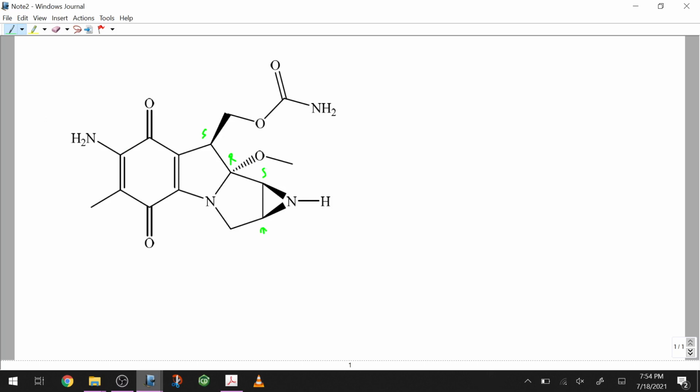Now we've got the last one to deal with. So we now have that carbon has a number 4 hydrogen away from us. It has the aziridine nitrogen up. And it has this carbon, this one. So this is clearly priority 1, clearly priority 4. The next one's a little tricky because this has a nitrogen bond, a bond to nitrogen.